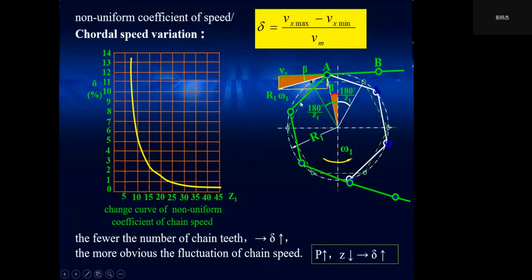So if we increase the pitch P or decrease the chain teeth Z, the delta will increase.